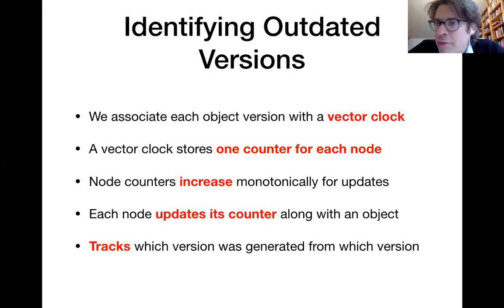And if your read returns 2 versions, and for one of them, the vector clock is uniformly more advanced than for the second one, then you can discard the second one because you know that all the updates which are part of this second one have already been integrated in the first one. So this is how vector clocks are used, and they allow you to discard some subset of those object versions that you get returned by the read.